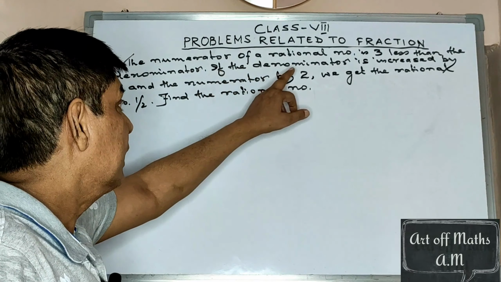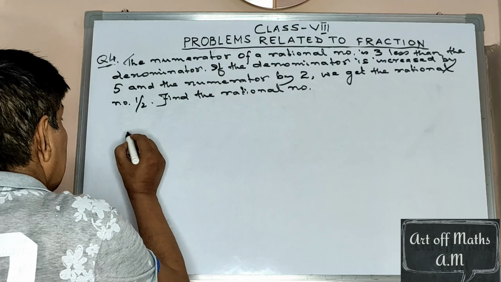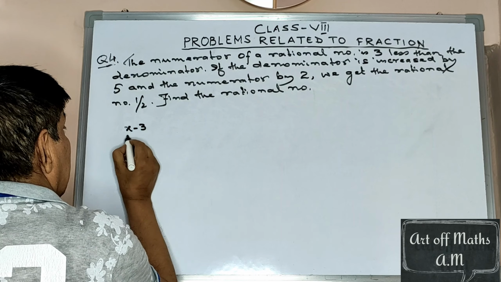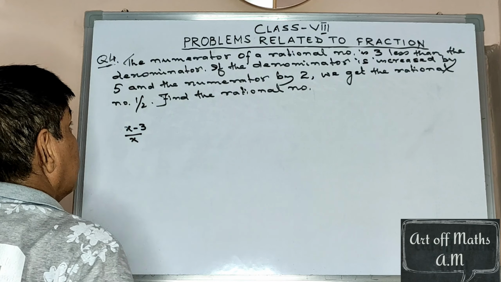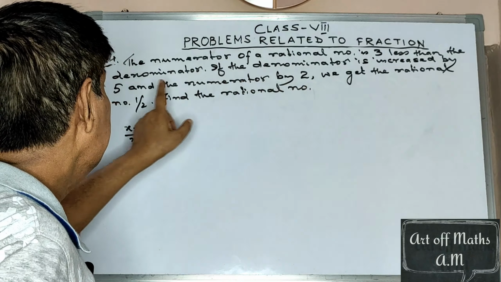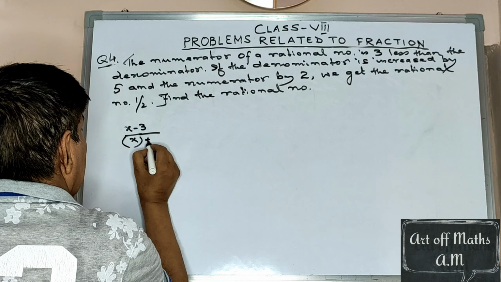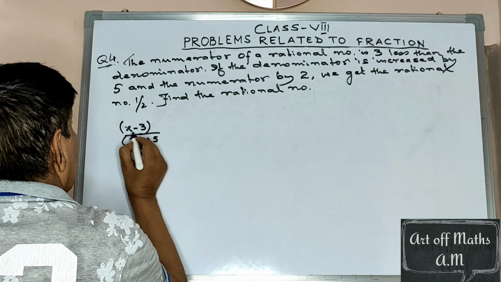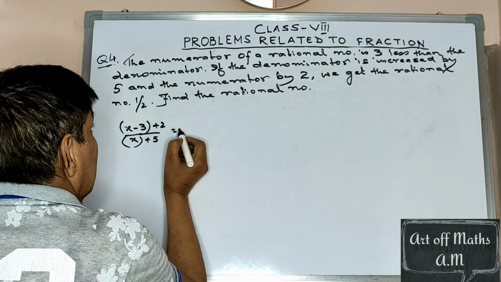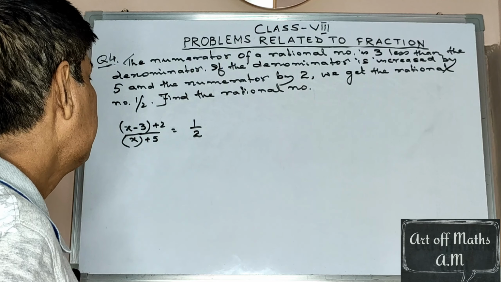The numerator of a rational number is 3 less than the denominator. Just like the previous one, x minus 3 divided by x. If the denominator is increased by 5 and the numerator by 2, it will be half.